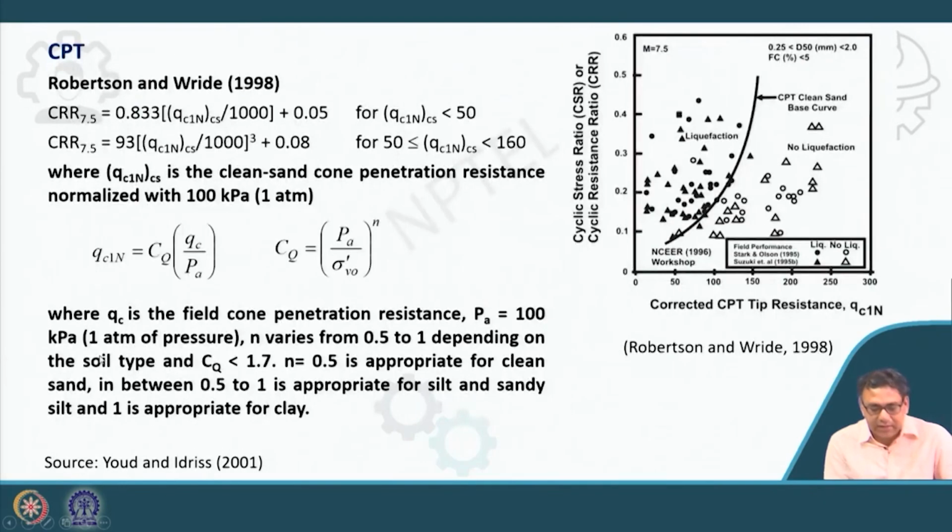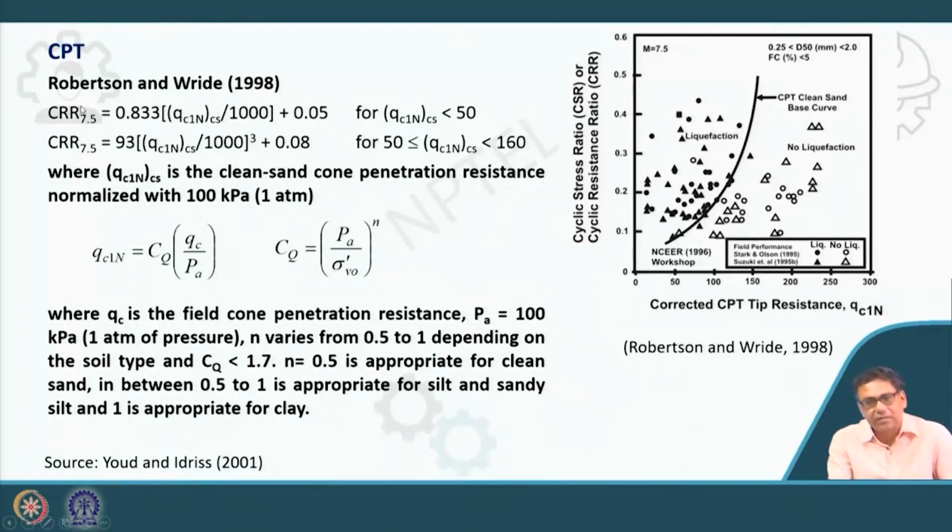Now once I get this QC1N for clean sand, I can use this expression if the QC1N clean sand is less than 50, and if it is in between 50 to 160, then I can use this equation. So these two equations I can use, or if you convert it to clean sand tip resistance, then you can use this chart also, this graph or line, to determine CRR.